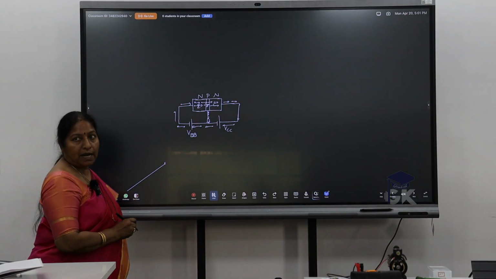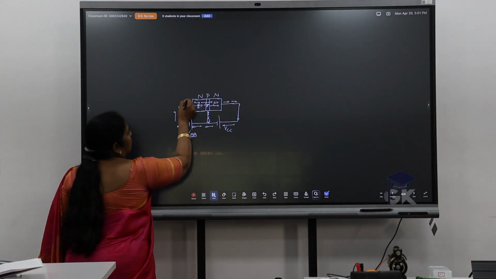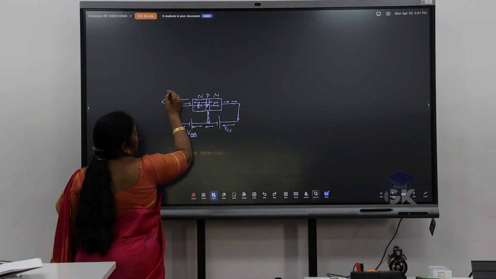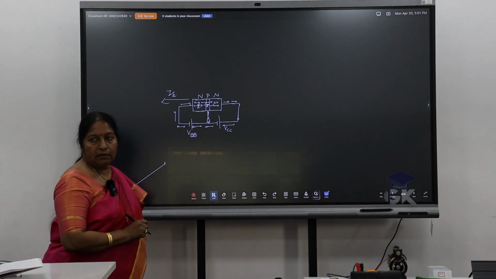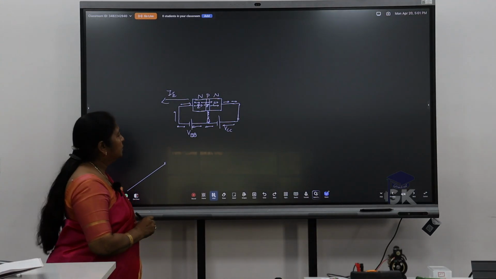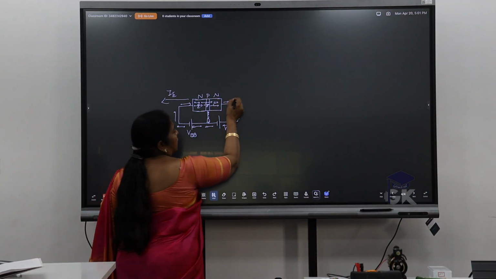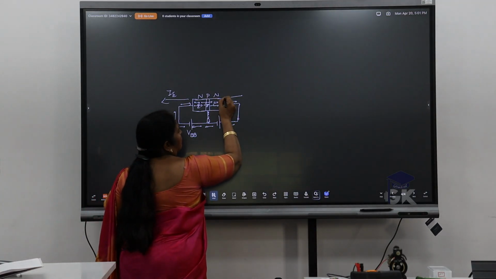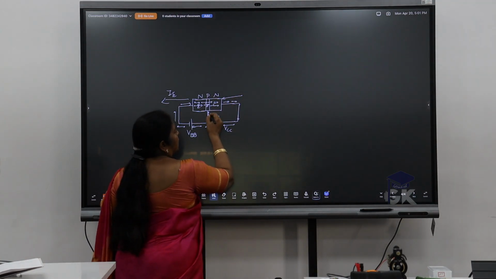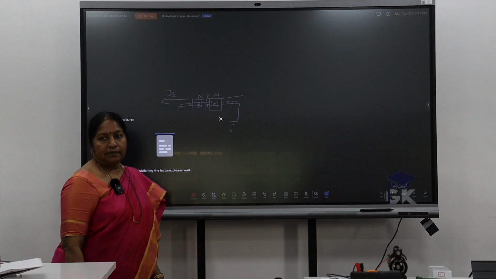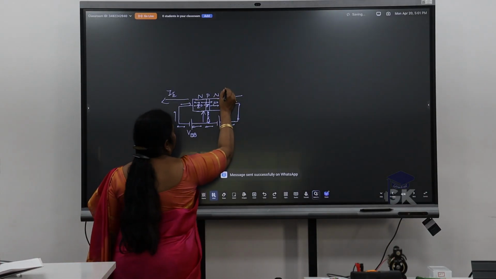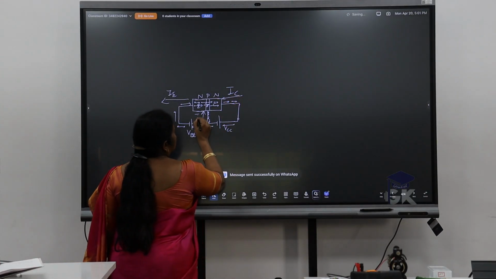Opposite to this, that is, away from the emitter. This is IE. What happens at the collector? The direction of current is towards the collector. This is IC, and this is IB.